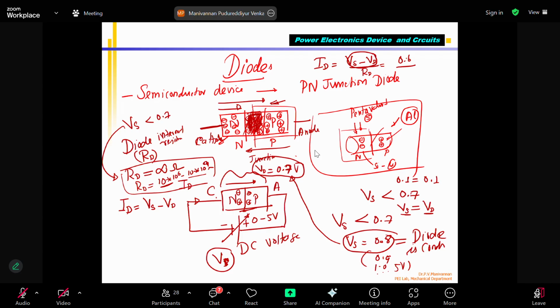Then Vs equal to Vd, so Vs minus Vd is 0 volts, divided by 10 into 10 power 6 ohms, correct? Numerator becomes 0. 0 divided by anything, correct? 0 divided by anything, is it going to be infinity? Infinity or 0?